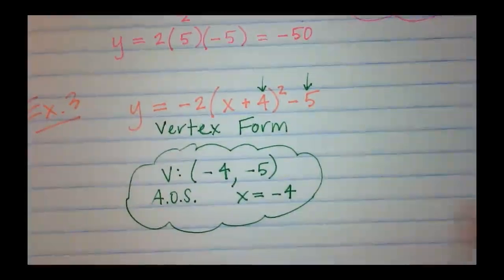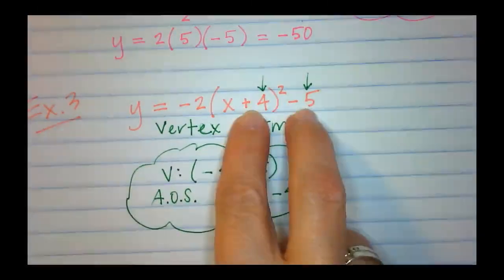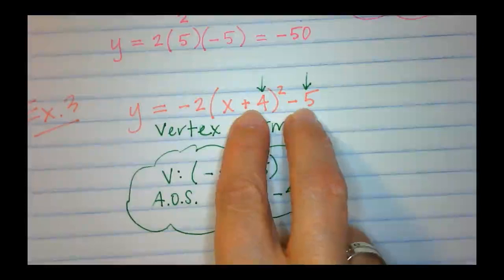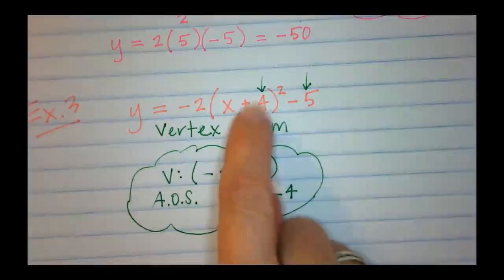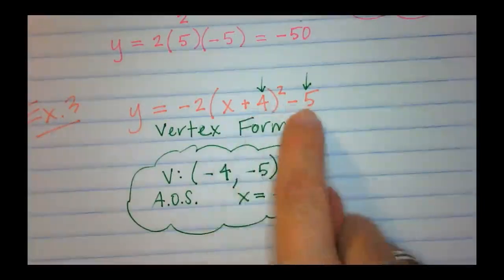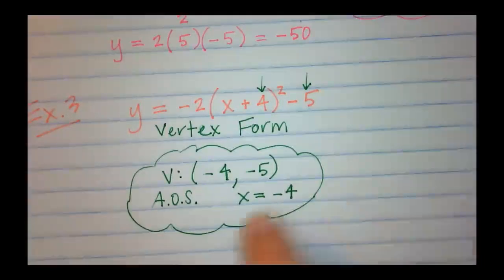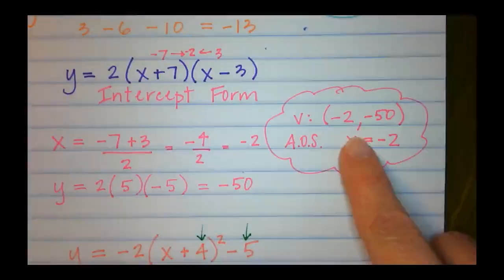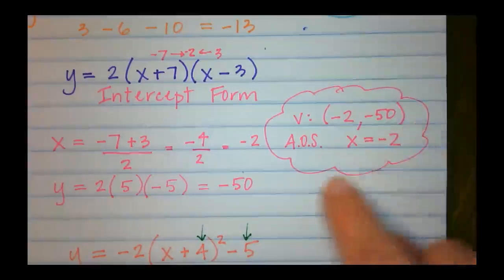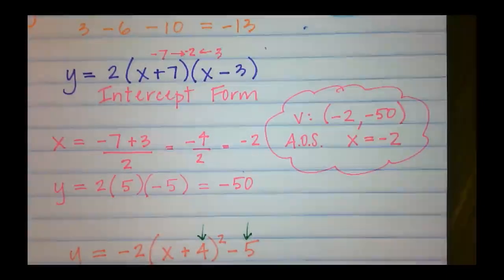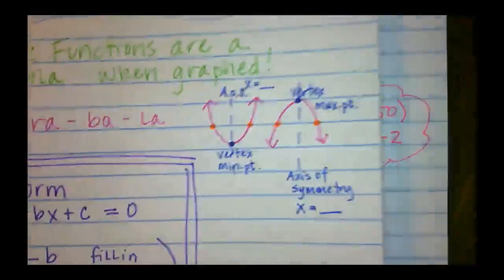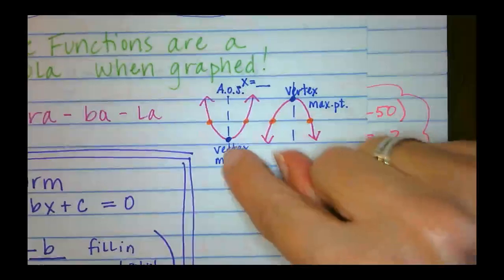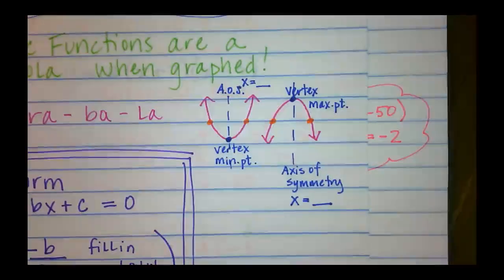Vertex form is the fan favorite because we can look right there and recognize the vertex is just the opposite on the x, but then with the y. And then in all of these, once we know what the vertex is, we know that the axis of symmetry is a vertical line that is going through the vertex. So once we know where our vertex is located, we can easily find our axis of symmetry.